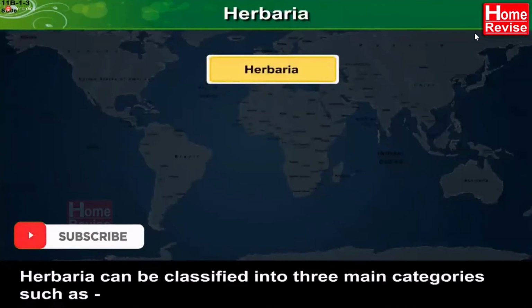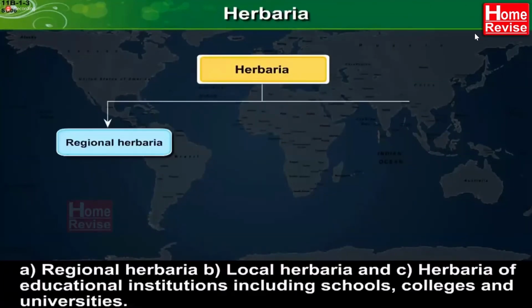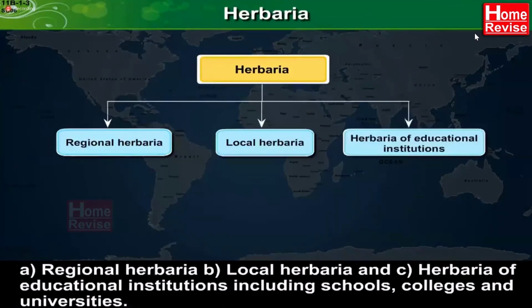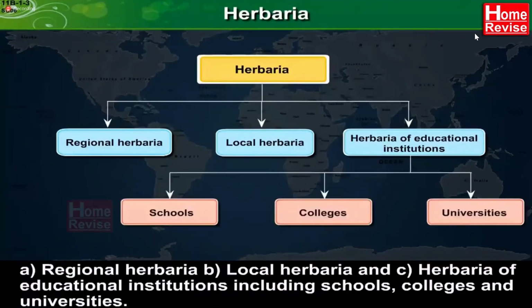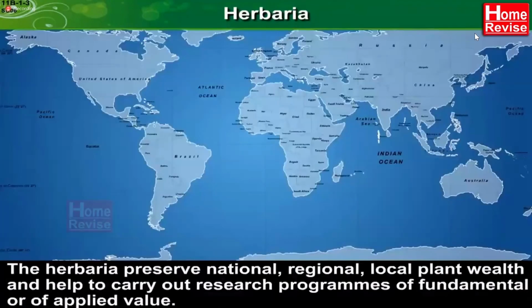Herbaria can be classified into three main categories: A. Regional herbaria, B. Local herbaria, and C. Herbaria of educational institutions, including schools, colleges, and universities.